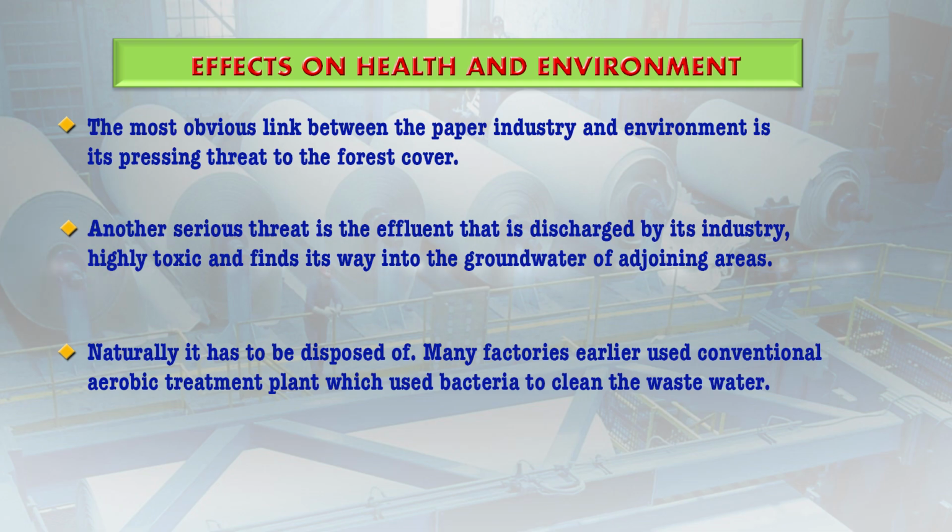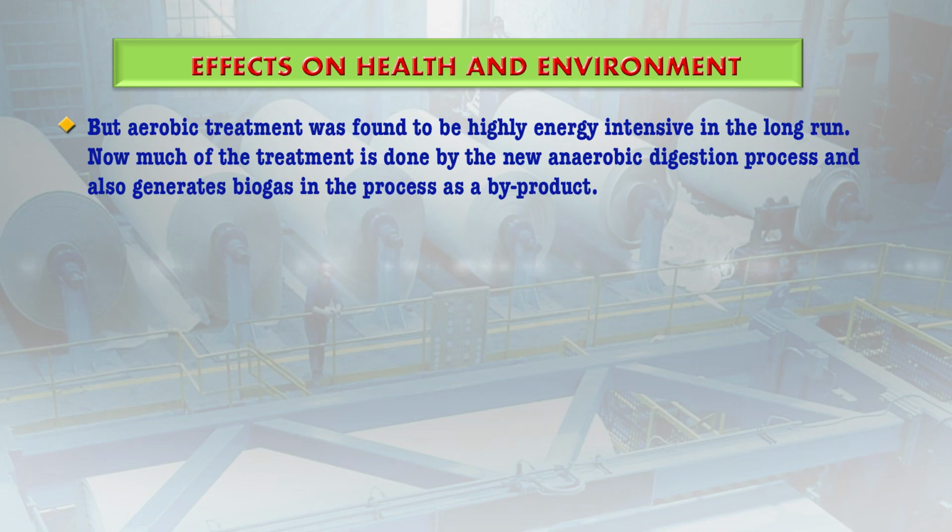Many factories earlier were using the conventional aerobic treatment plant, which used bacteria to clean the wastewater. But the aerobic treatment was found to be highly energy intensive in the long run, taking up a lot of energy, and it was not cost effective either.